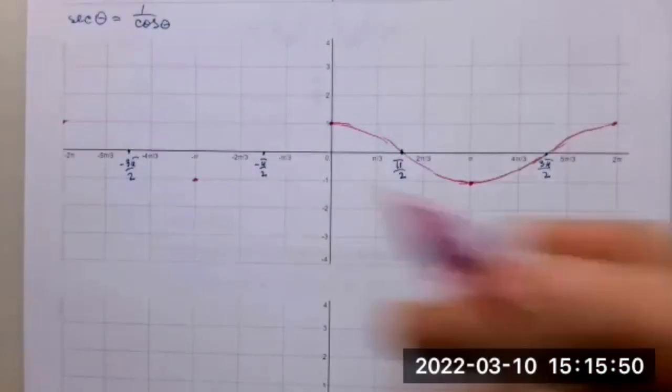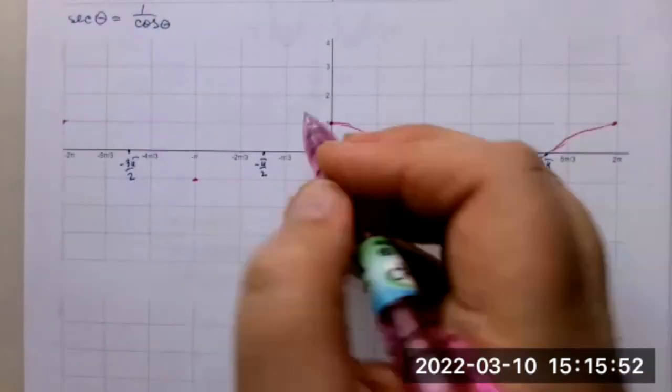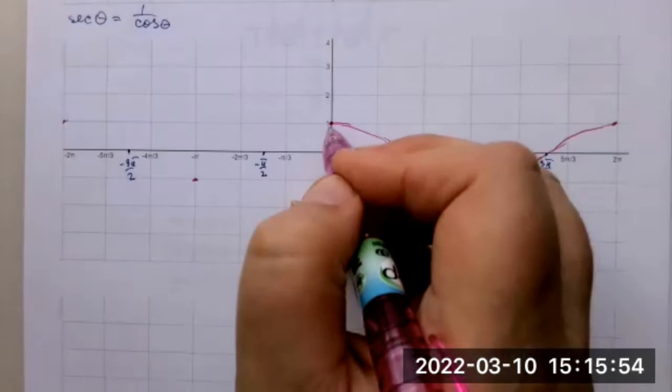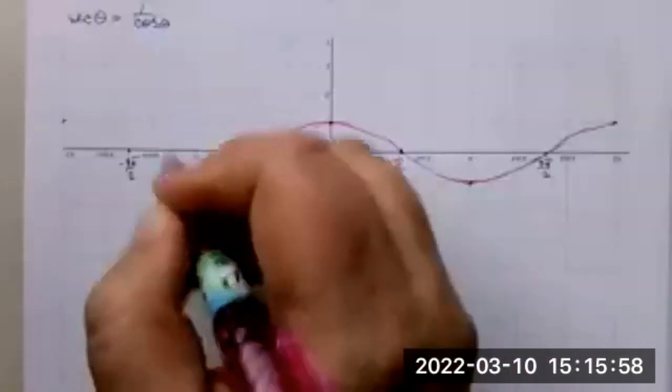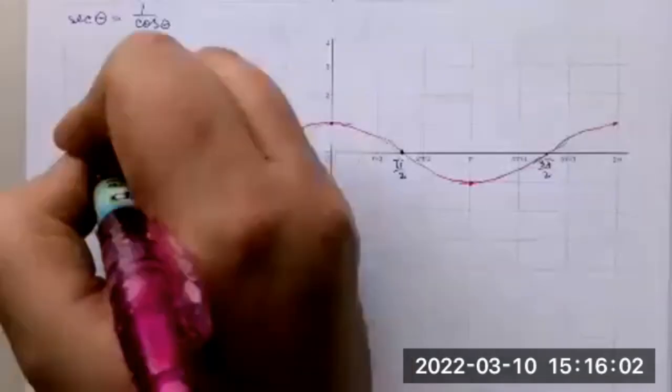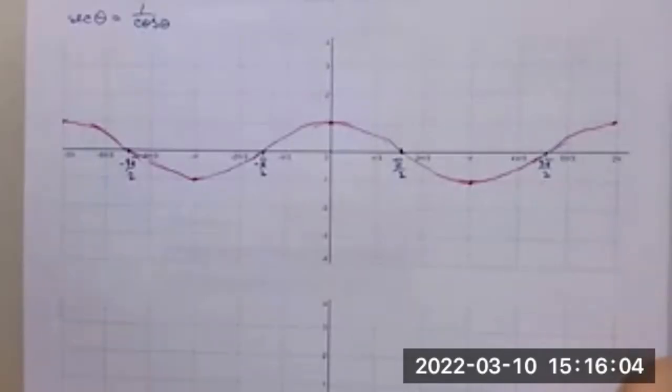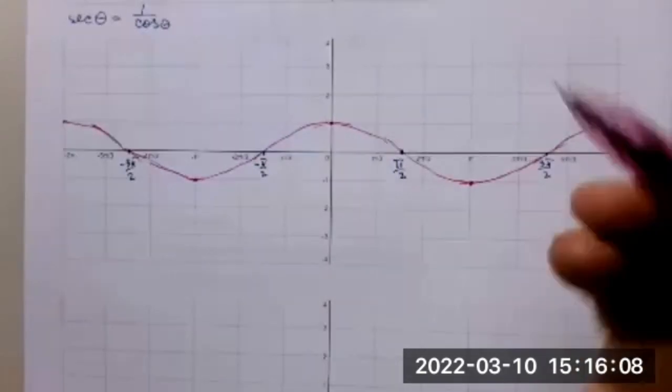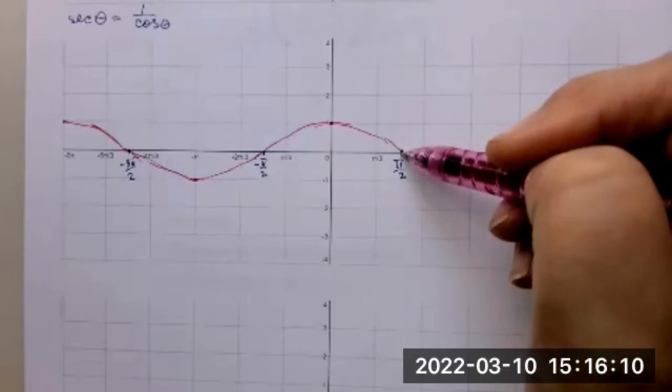So this is one cycle of the cosine function. Of course, it extends out in both directions like this. All right, so we have this function sketched. We're going to apply the same reasoning that we applied when we were drawing the cosecant function.